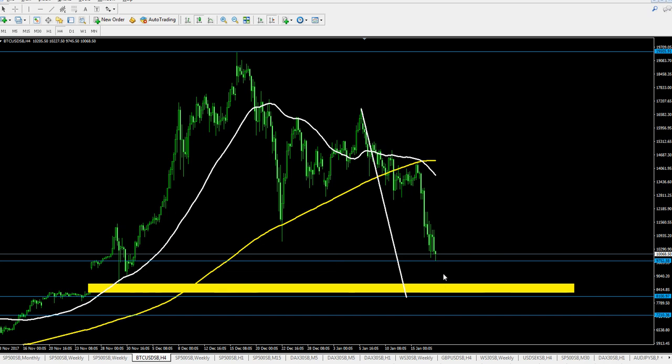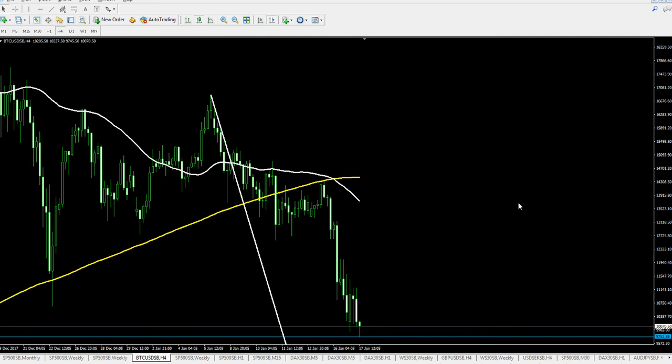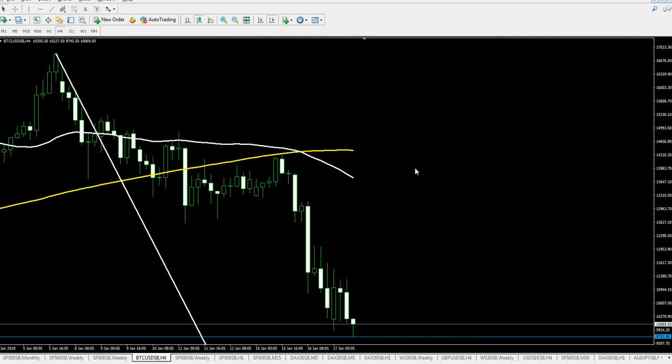So what does the market have to do before I'm prepared to get into a trade? Well, there's one thing the market has to do every time at my levels. It has to form a positive candle. So if I go back to the end here, you can see this is clearly a positive candle.